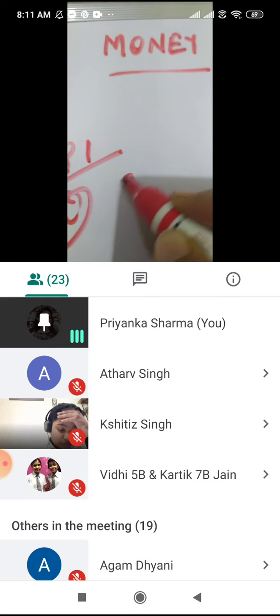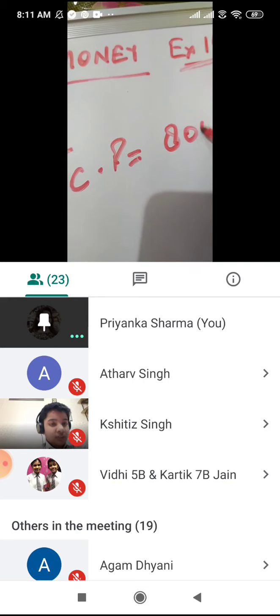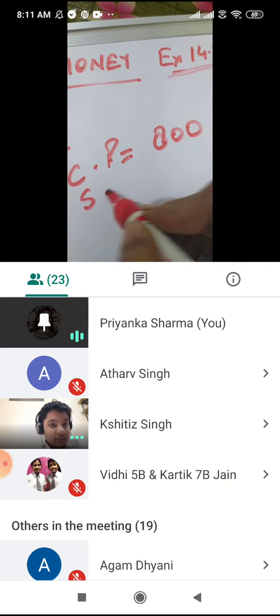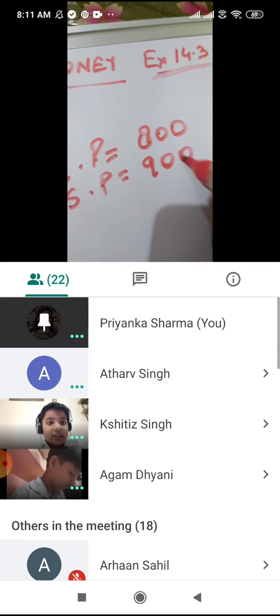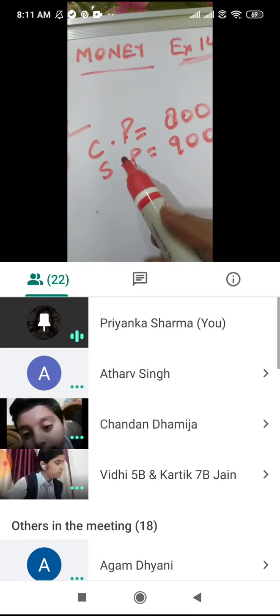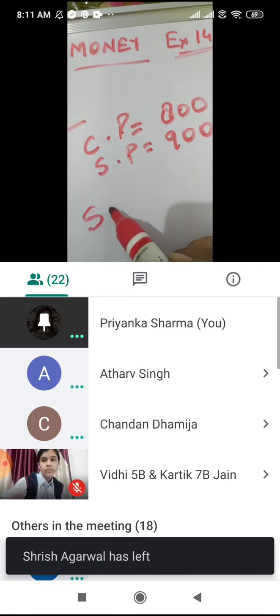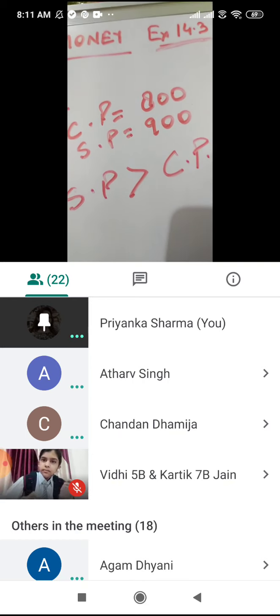How much is the CP given? 800. How much is the SP given? 900. What can you see? We can see that here SP is greater than CP. Yes or no?